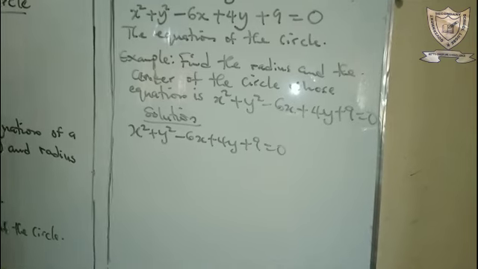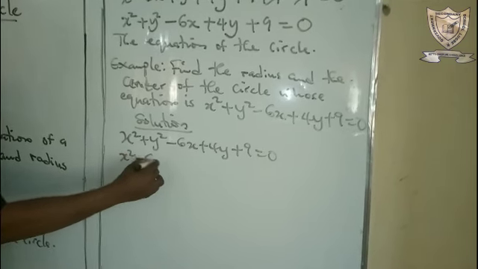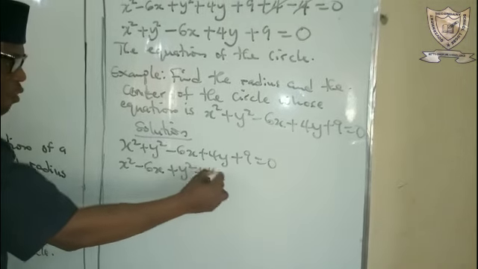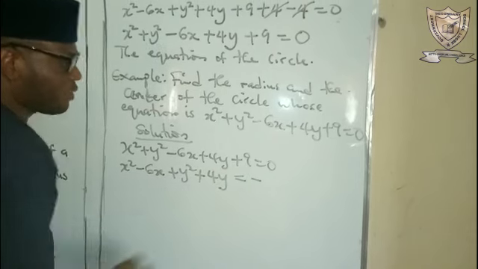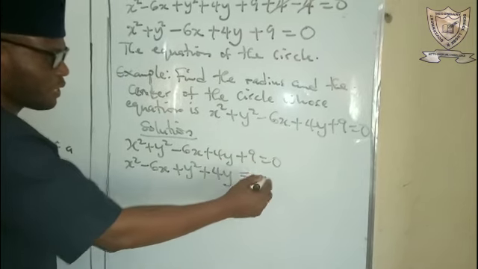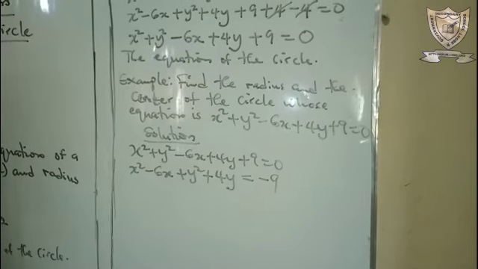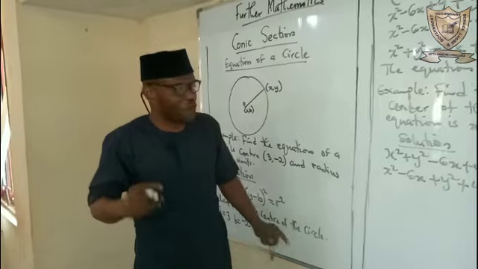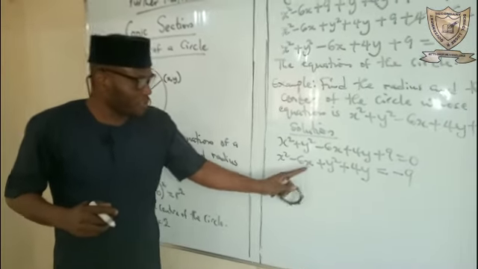Now we bring the like terms together: x squared minus 6x plus y squared plus 4y equals minus 9, moving the plus 9 over the equals sign. I'm going to use what we call the completing the square method to find the constant.